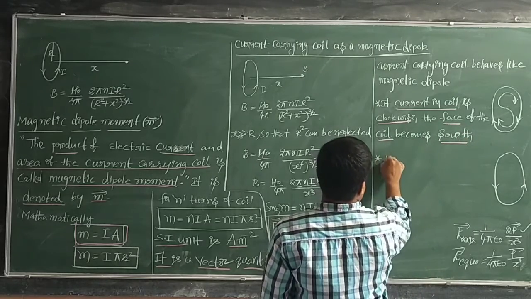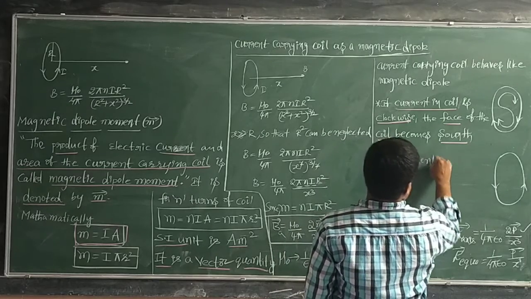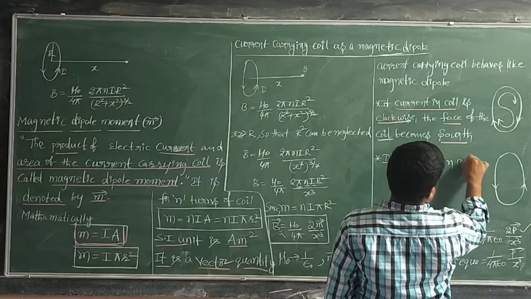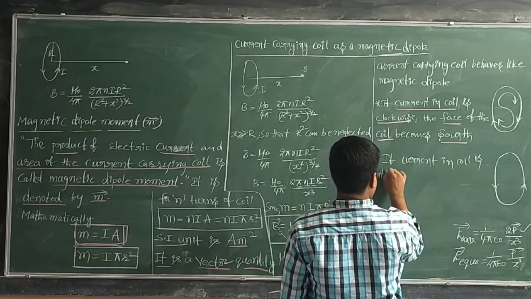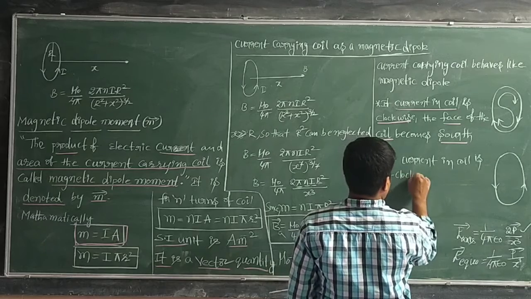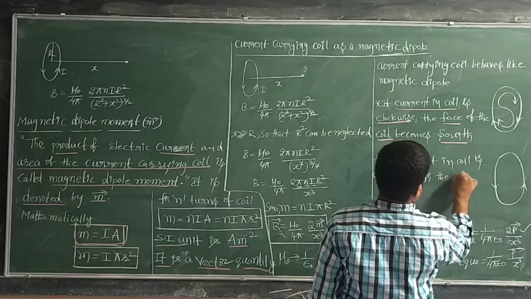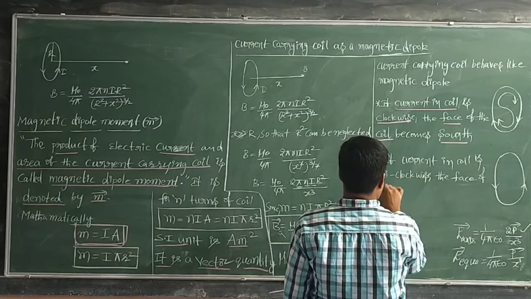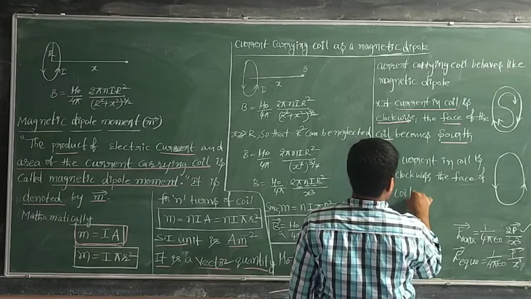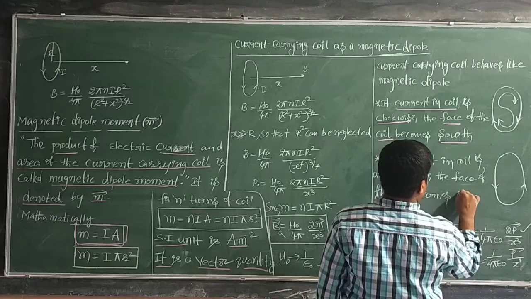Next, if the current in the coil is anti-clockwise, the face of the coil becomes north.